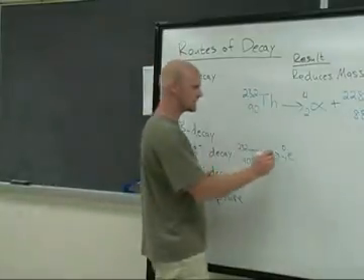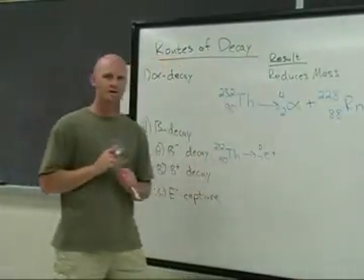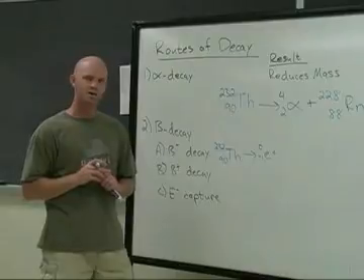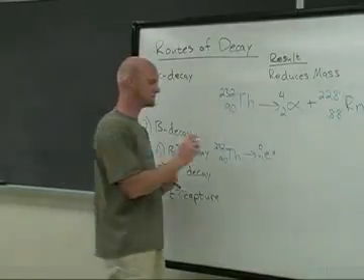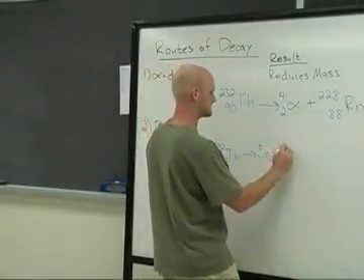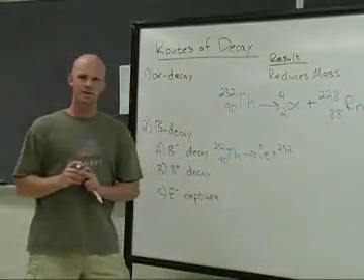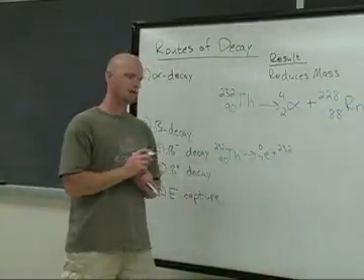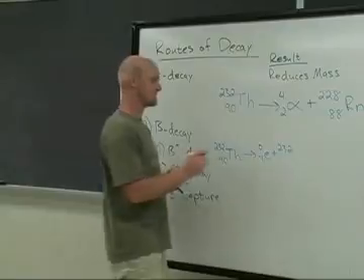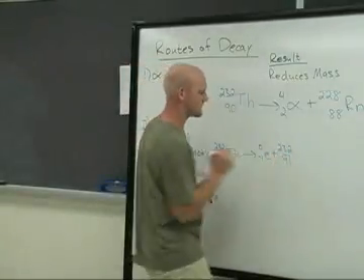What would be the mass number of our daughter nucleus? 232. What would be the atomic number? 91. So what's atomic number 91?